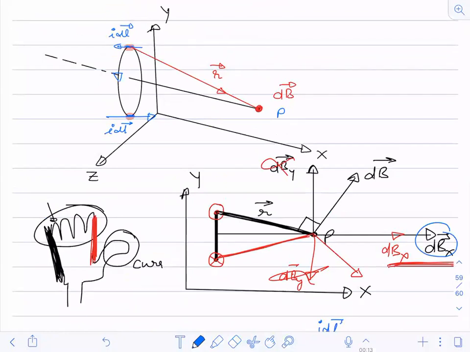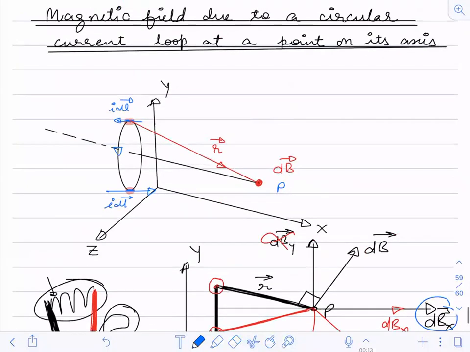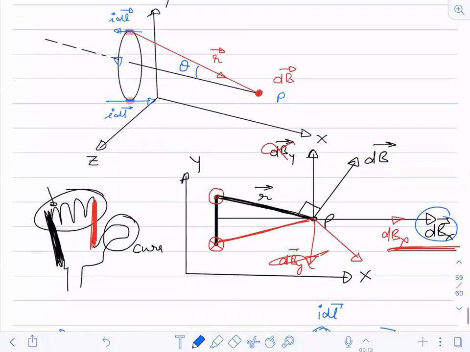Now just assume this angle to be theta. If that is theta, this will also be theta.